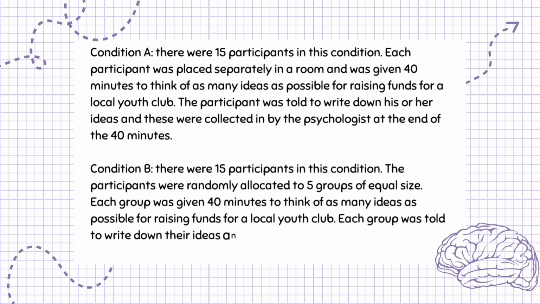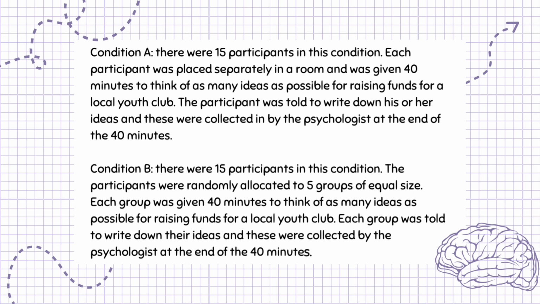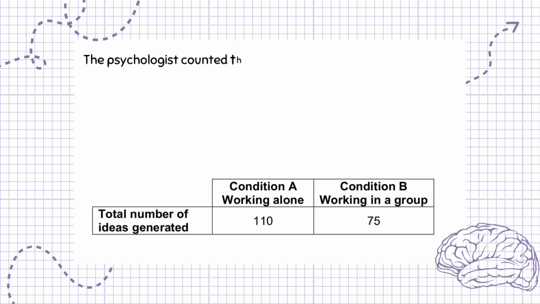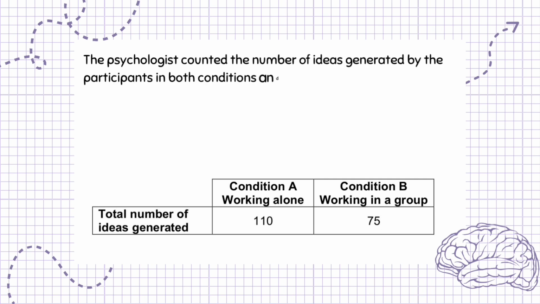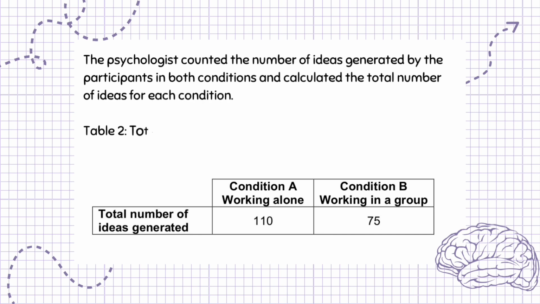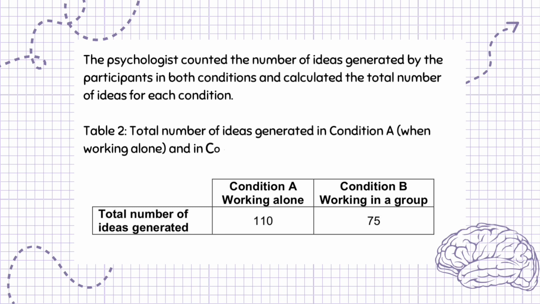Each group was told to write down their ideas, and these were collected by the psychologist at the end of the 40 minutes. The psychologist counted the number of ideas generated by the participants in both conditions and calculated the total number of ideas for each condition. Table 2. Total number of ideas generated in Condition A, when working alone, and in Condition B, when working in a group.